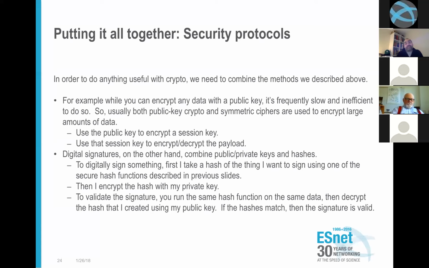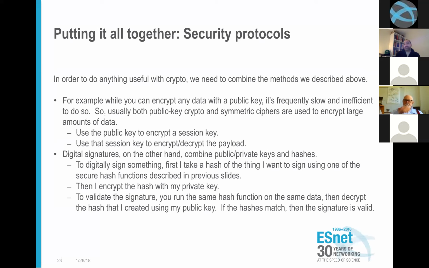The other major use of combinations of things is in digital signatures. Digital signatures use hash algorithms plus asymmetric key algorithms. A very common type of digital signature is RSA SHA-1.